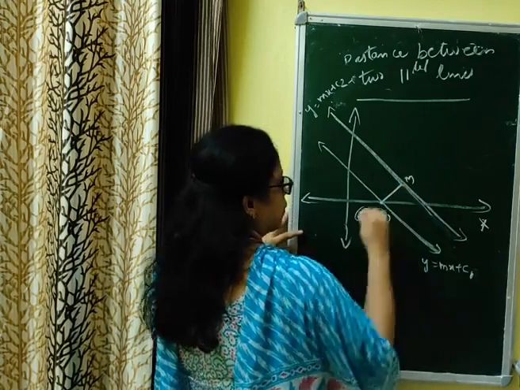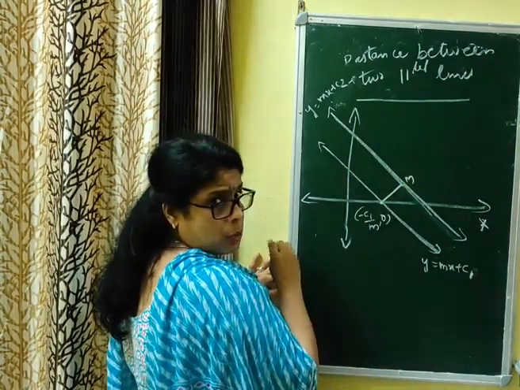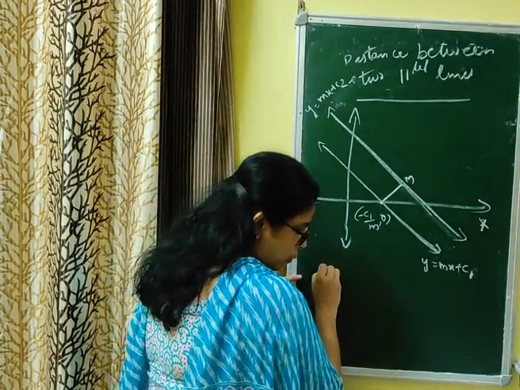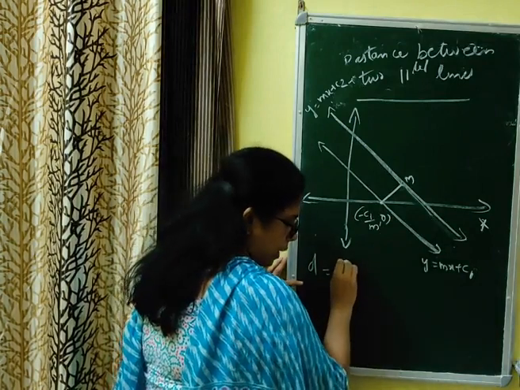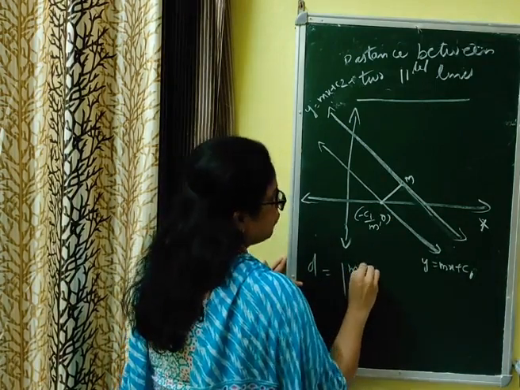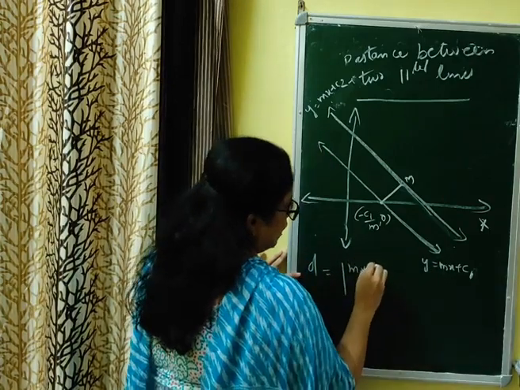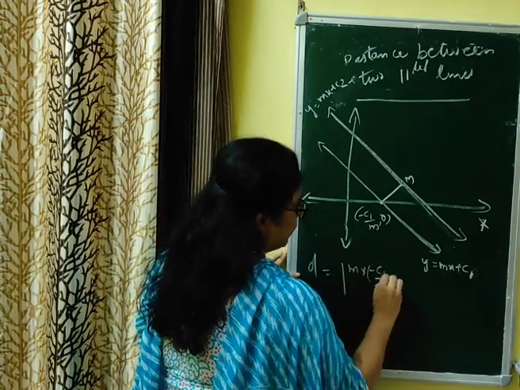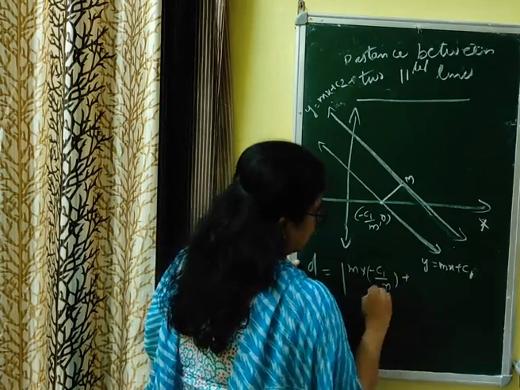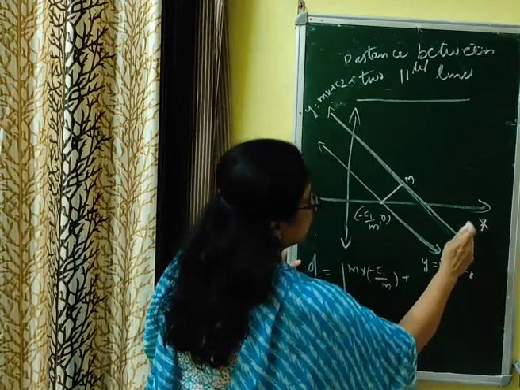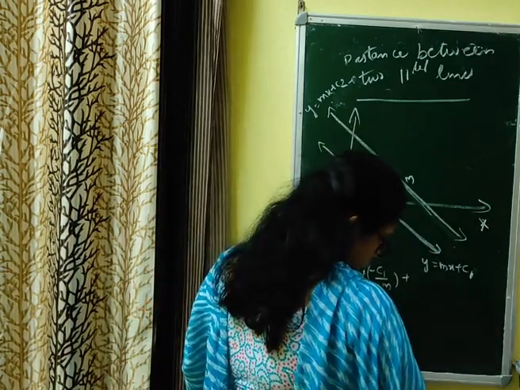So in the perpendicular distance formula, ax1 plus by1 plus c upon root a square plus b square, if you put the point, you will get the required distance between two parallel lines.